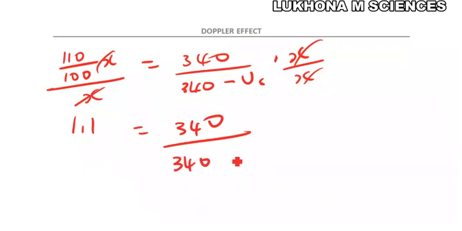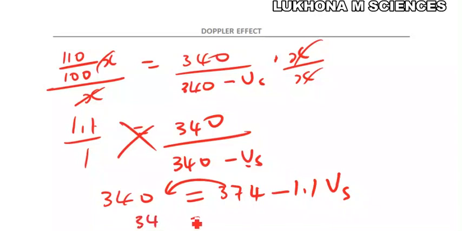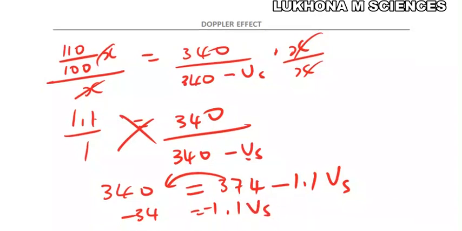Then we cross multiply. So 1,1 times 340 is 374, minus 1,1 Vs. Then we transpose and change sign, so we get 34 equal to negative 1,1 Vs. Therefore, we divide by negative 1,1 on both sides.